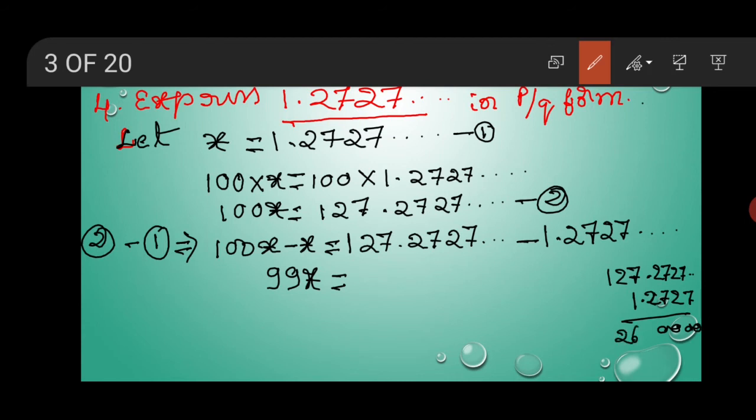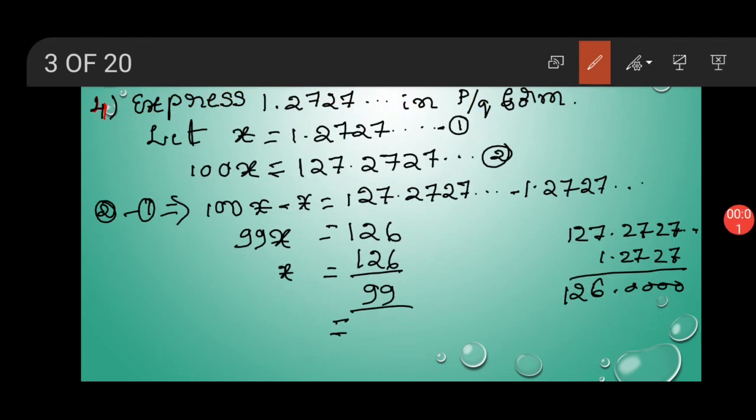So 127 minus 1 is equal to 126. So this is equal to 126. So x is equal to 126 divided by 99. So the P by Q form of, yes, this is divisible by 9 also.